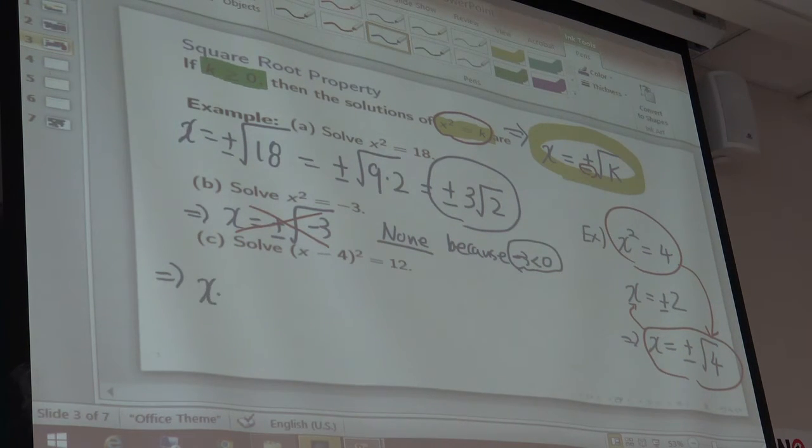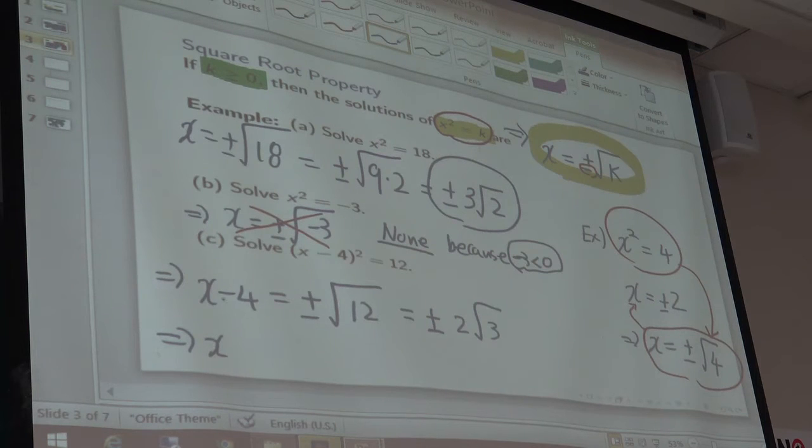So x minus 4 is plus minus square root of 12. Square root of 12 is the same as 12 is 4 times 3, so plus minus 2 square root of 3.